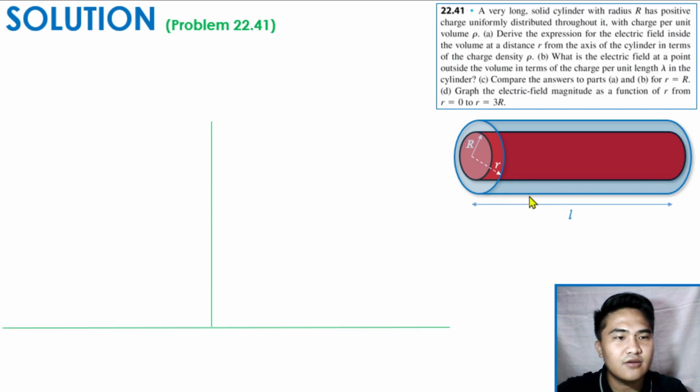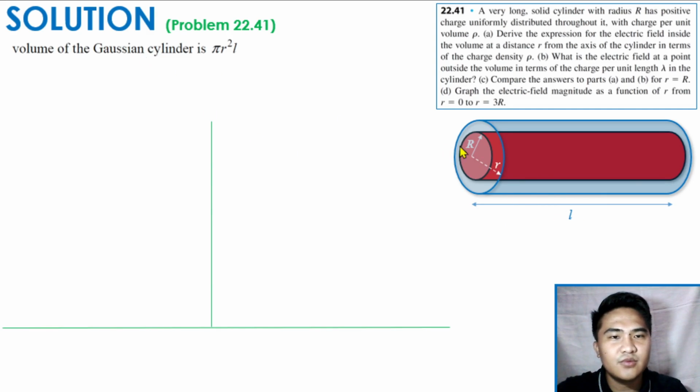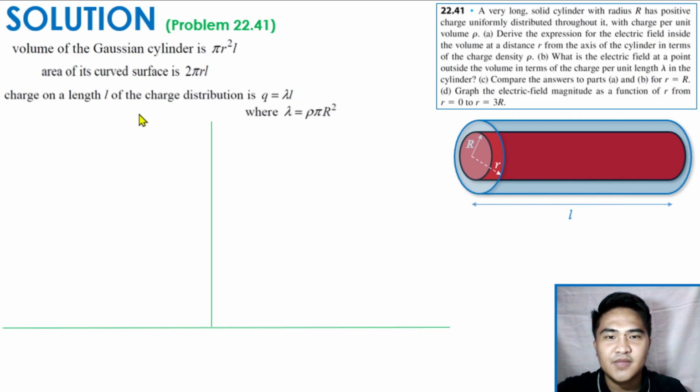The length of the Gaussian cylinder is L. The volume of the Gaussian cylinder, which is in color blue, is pi small r squared L. The area of its curved surface is 2 pi small r L. The charge on the length L of the charge distribution is Q equal to lambda L, where lambda is equal to rho pi big R squared.